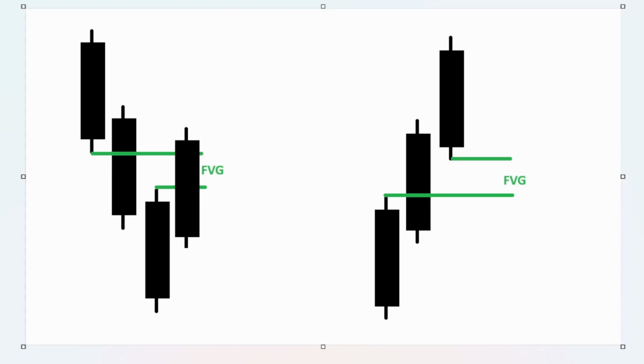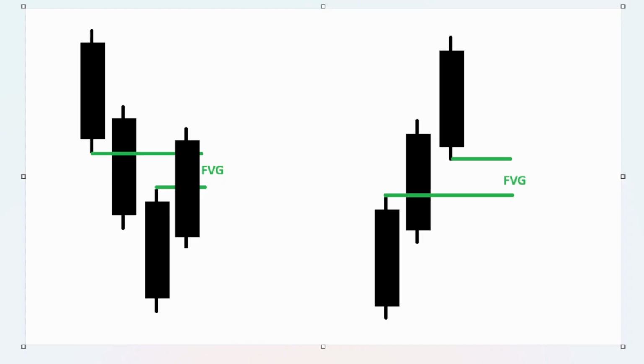That is basically called the inverted fair value gap, because this fair value gap you invert it by closing over it. And I'm going to show you guys how to identify those as well, and how you can use it to your advantage, how to profit from it, and just to understand what is the core meaning of a fair value gap.